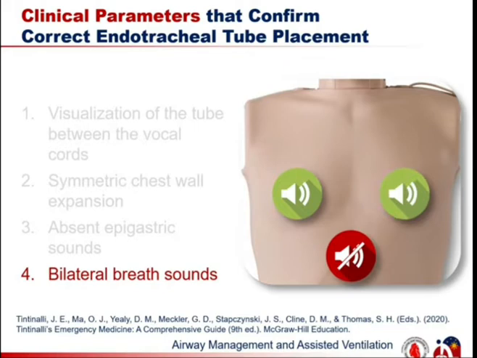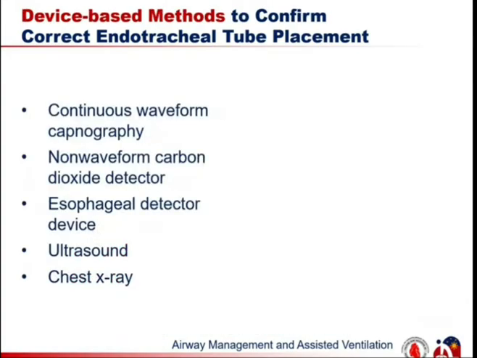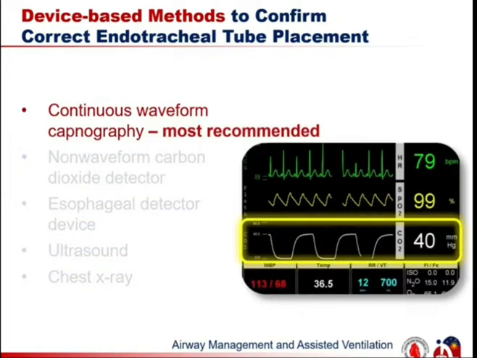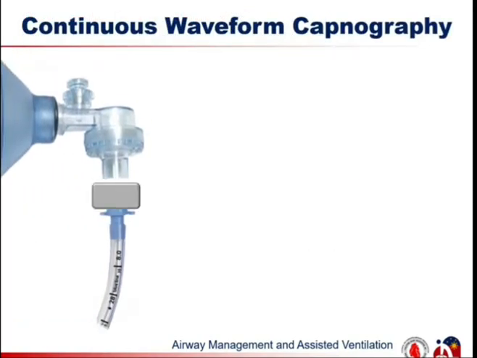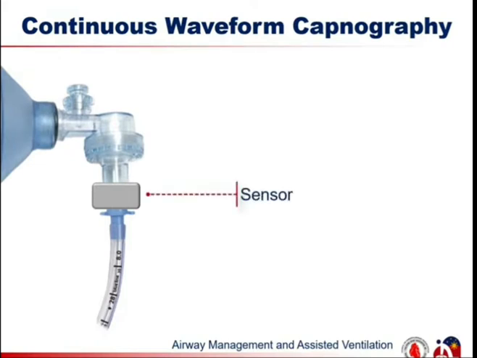In addition to clinical assessment, device-based strategies to confirm endotracheal tube placement are also available. The most recommended method is continuous waveform capnography, which allows real-time monitoring of carbon dioxide concentration in the air that flows through the endotracheal tube. When using waveform capnography, an adapter with a sensor is attached between the endotracheal tube and self-inflating bag.